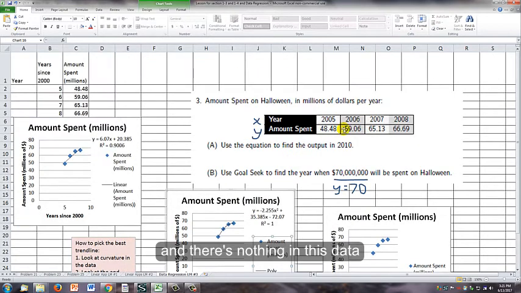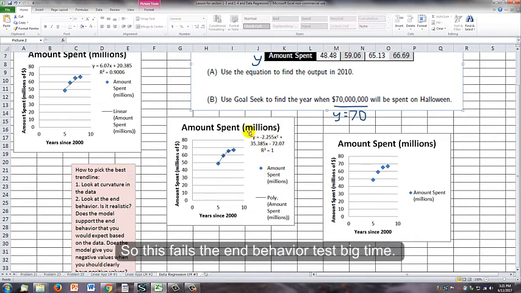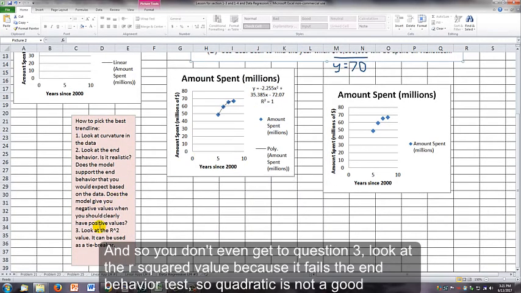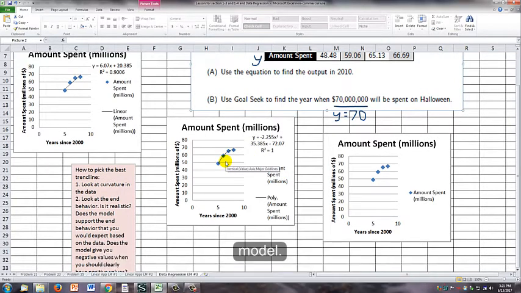And there's nothing in this data that says that that's going to be the case. This data is increasing slower and slower as we go, but not decreasing. So this fails the end behavior test big time. And so you don't even get to question 3, look at the R-squared value, because it fails the end behavior test. So quadratic is not a good model.